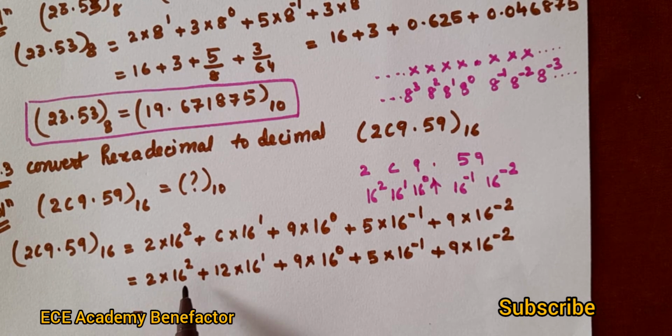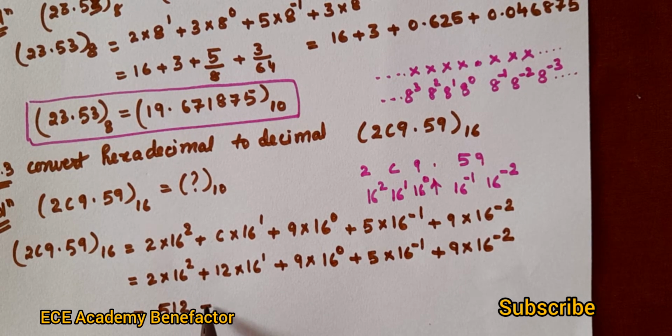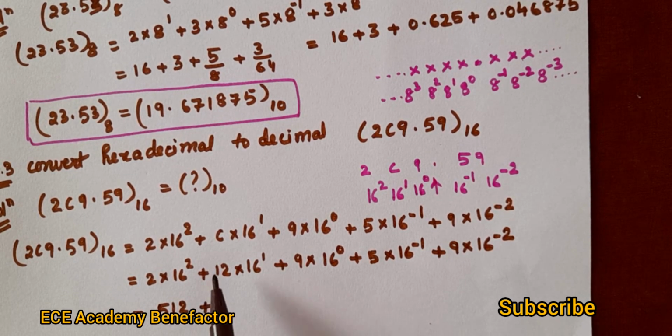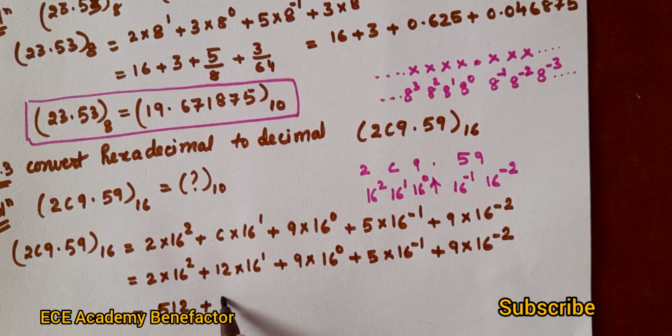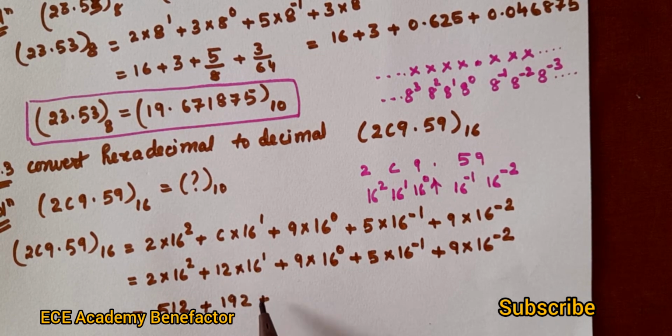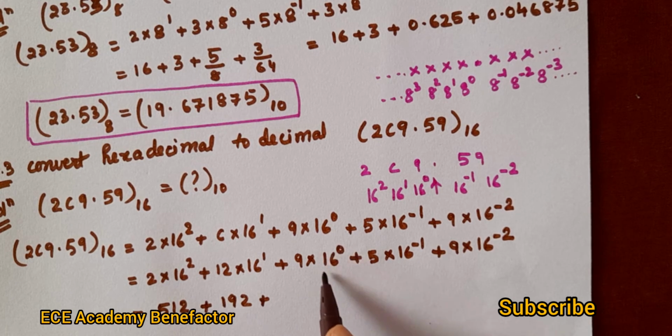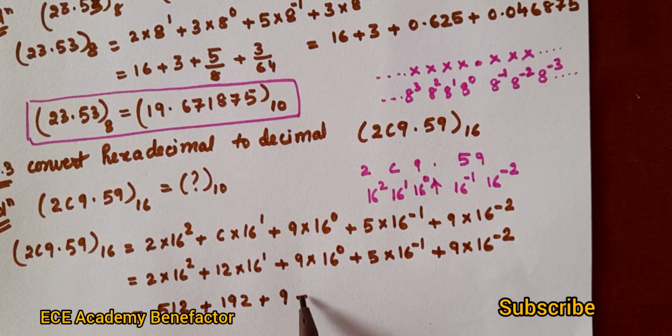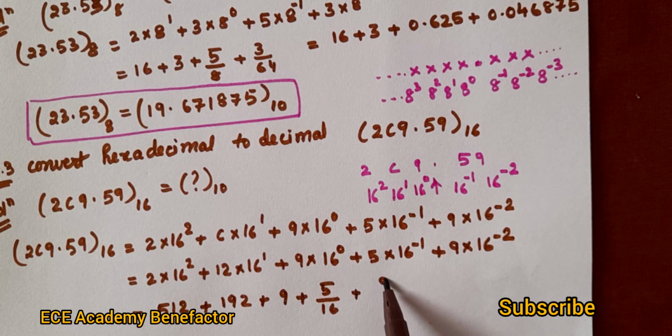So what is 2 into 16 to the power 2? It comes to 512, plus 12 into 16 is 192, plus 16 to the power 0 is 1, so 9, plus 5 by 16 plus 9 by 16 to the power 2.